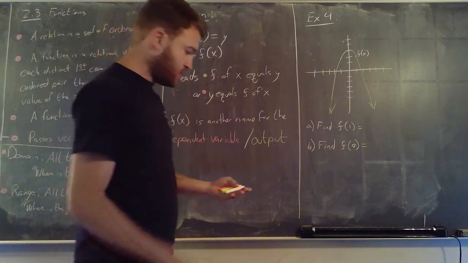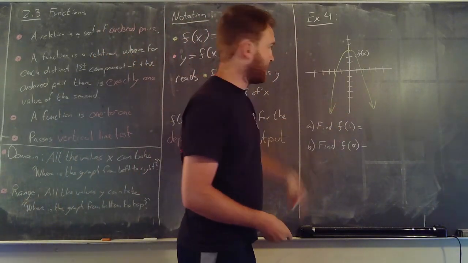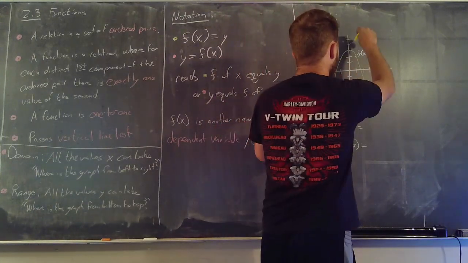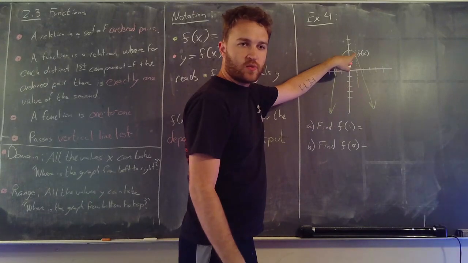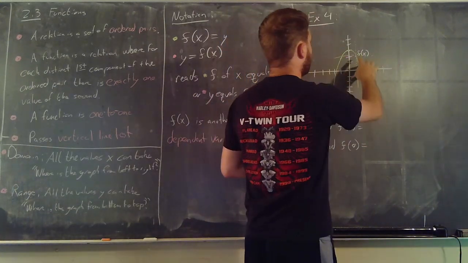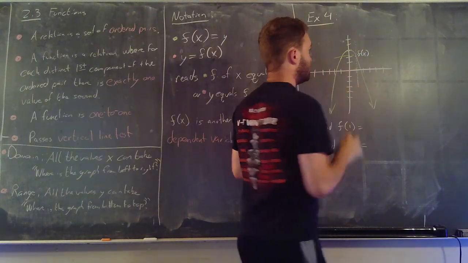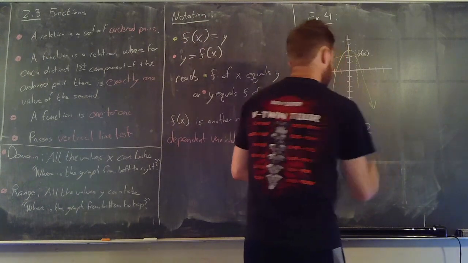All it's telling you to do is go to where the input value is 1 on my graph, that's like right here, and find what the output value is. What is the y value? Well, if I do that, I'll notice that I have 1, 2 is the ordered pair there, and so f of 1 is just 2.